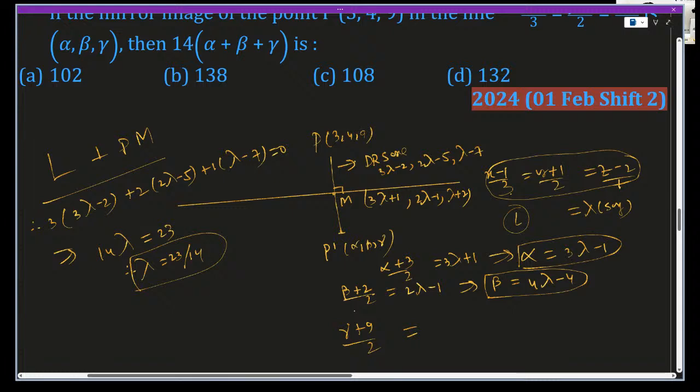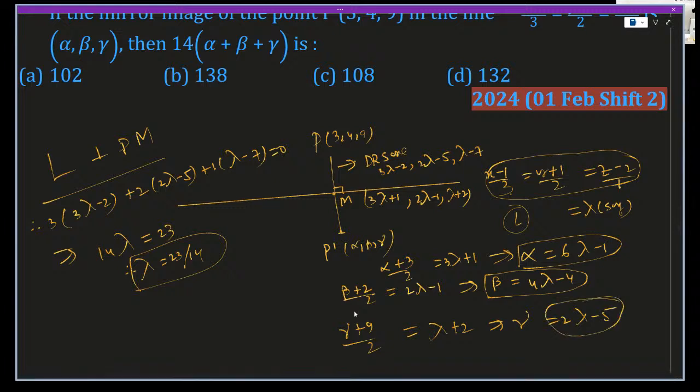Oh, this is 6 lambda, right? And gamma plus 9 by 2 is going to be equal to, so gamma equal to 2 lambda minus 5.